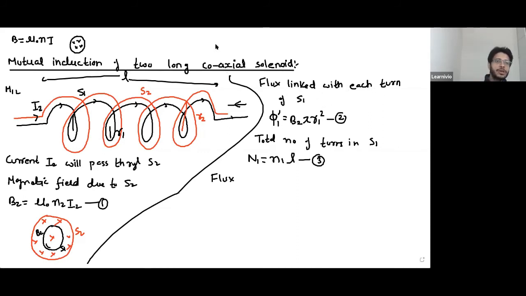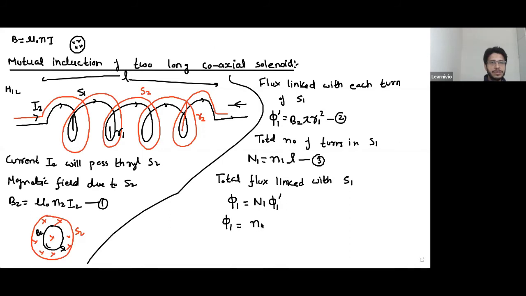Now I need the total flux linked with S1, which is phi 1. Phi 1 is N times phi 1 prime. So you can write phi 1 as N1L, multiplied by phi 1 prime, which is B2 pi R1 square.